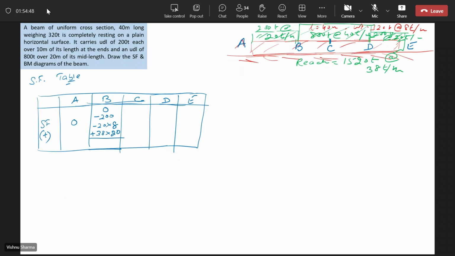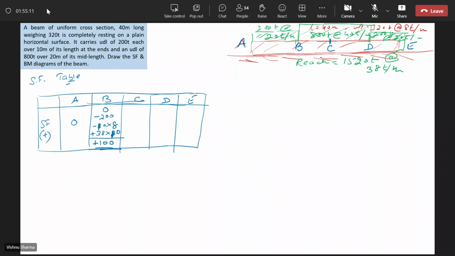How much is it, 38 or am I right? No, 10 into 10, sorry. It's 40 meters, correct? So how much does it come? It comes plus 100. Am I right, guys? Plus 100.